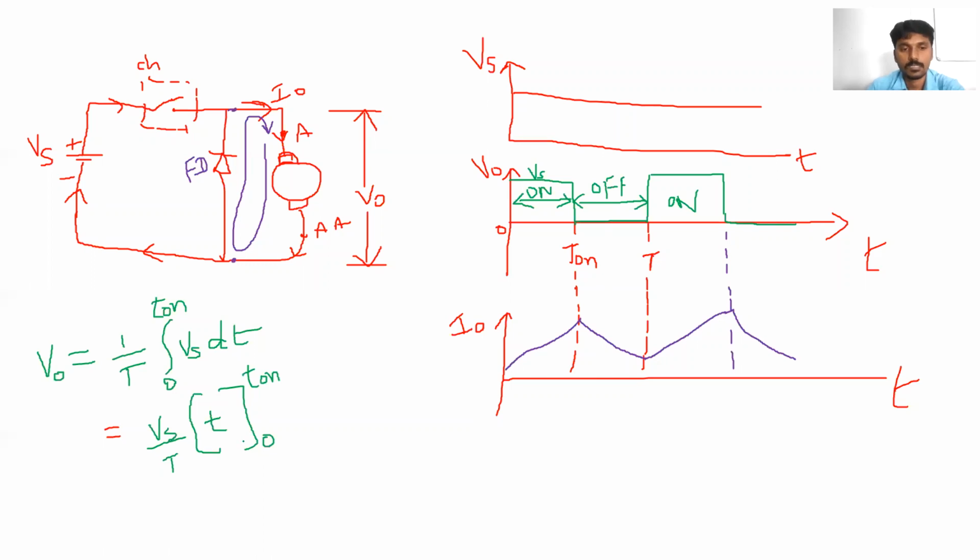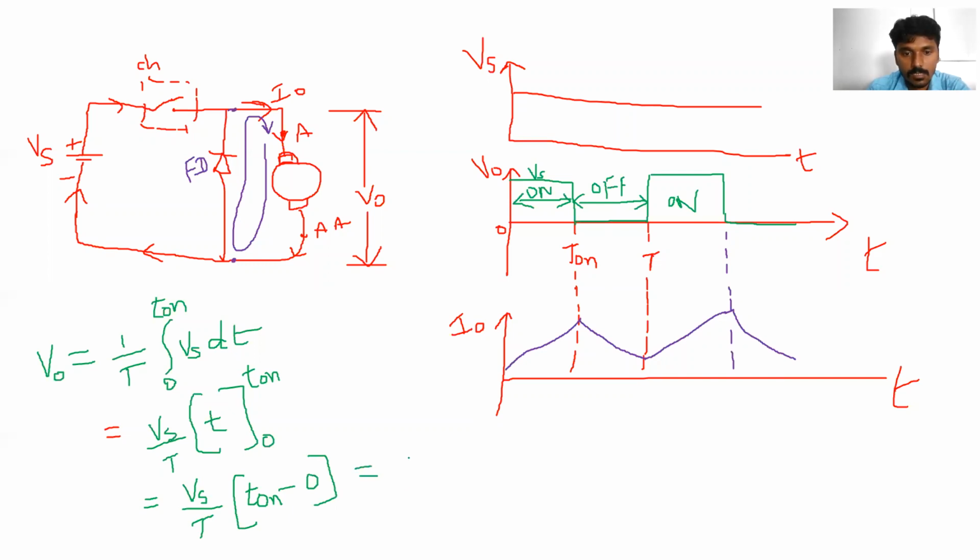Applying the upper limit minus the lower limit, Vs by capital T into (T on minus 0).